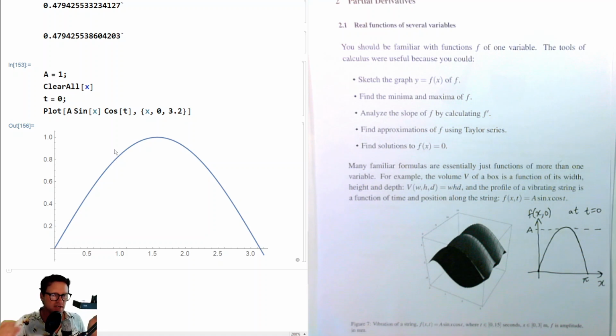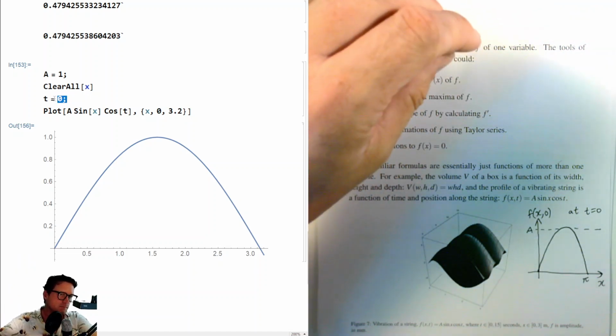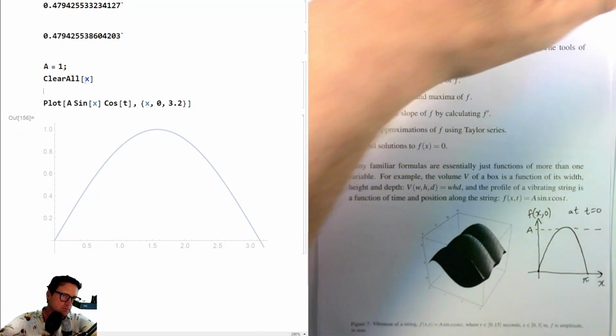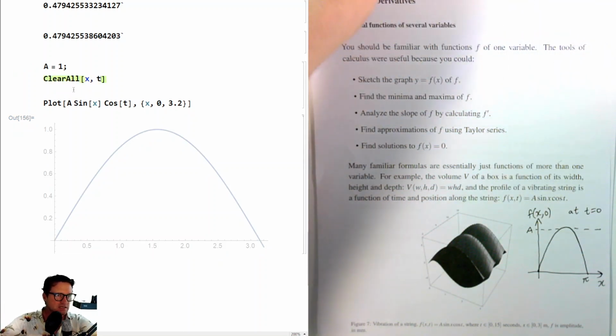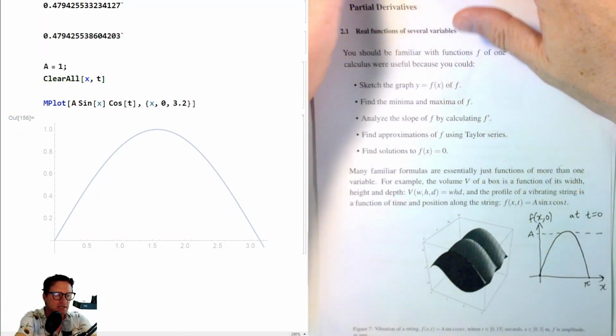Okay, so this is your string. All right, so this is your string initially, but then if you let that go and let that bounce back down to the origin, you would get a wave motion with time. All right, so let's clear both x and t, and then I'm going to write manipulate in front of this.